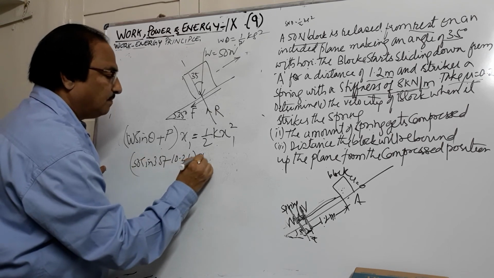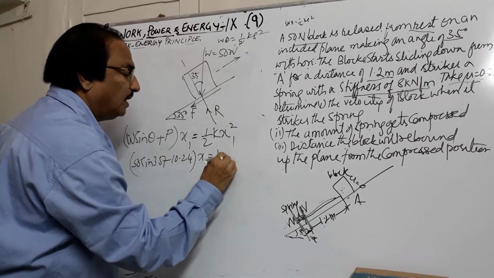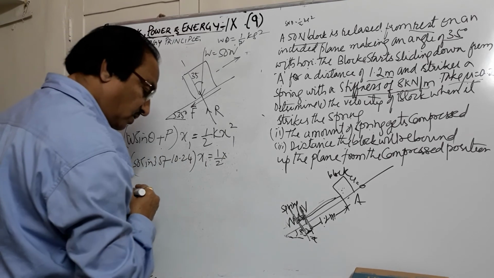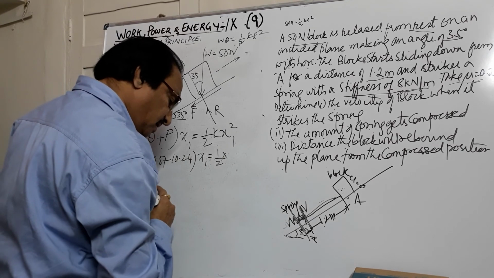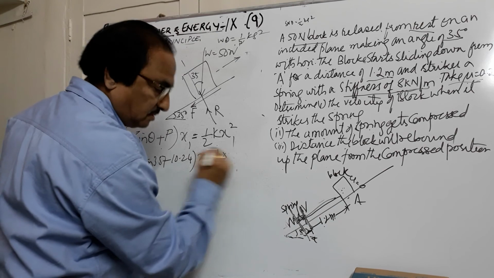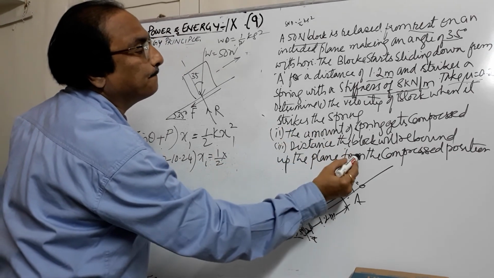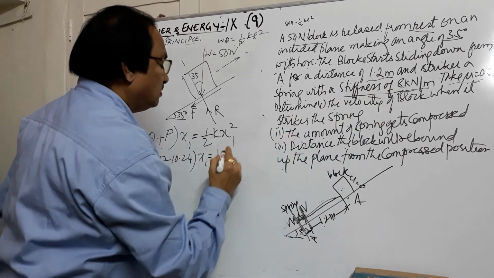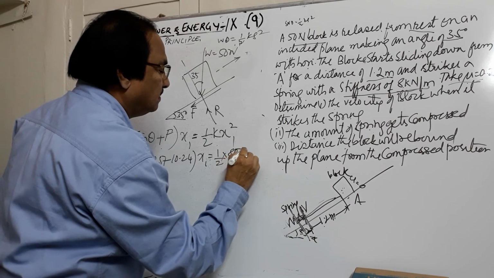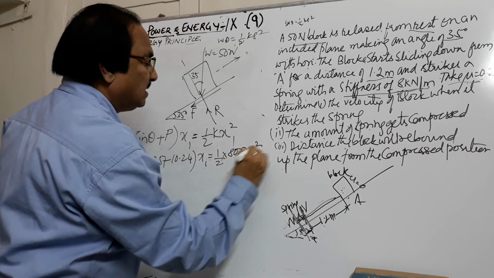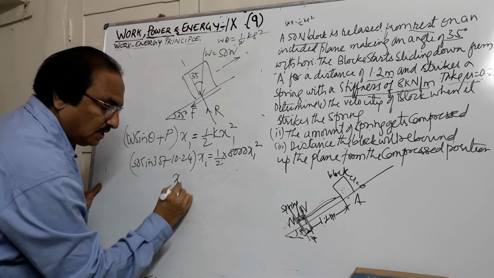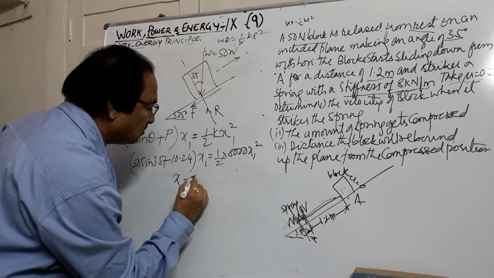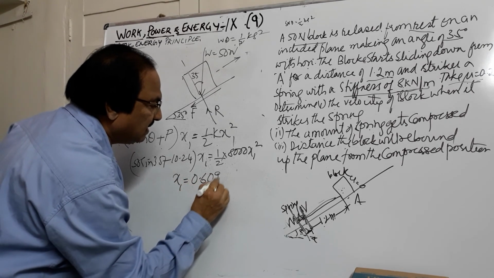into x1 is equal to half into the stiffness of the spring. What we have seen is 8 kilonewtons, so it will be 8000 into x1 square. If you simplify for x1, you get the value of x1 is equal to 0.609 meters.